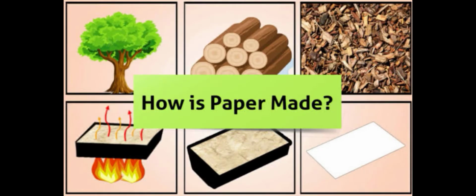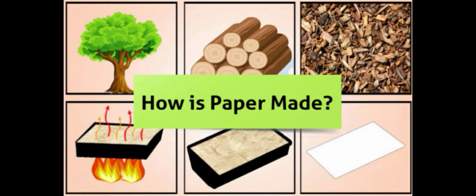Just for example, in day-to-day life we are using books, notes, etc. How does it come, how does it emerge, how is it produced? In the forest they cut the wood into small pieces and burn it, using some process to make it into pulp.